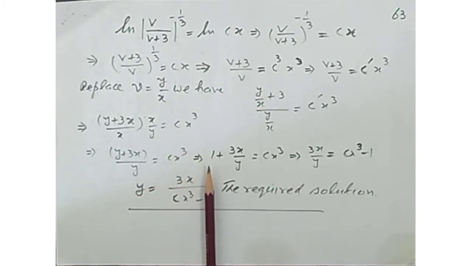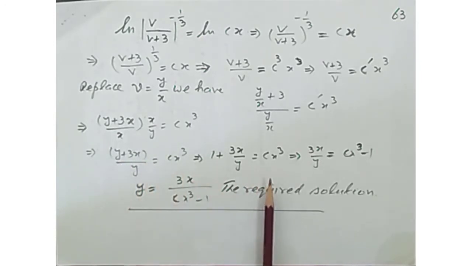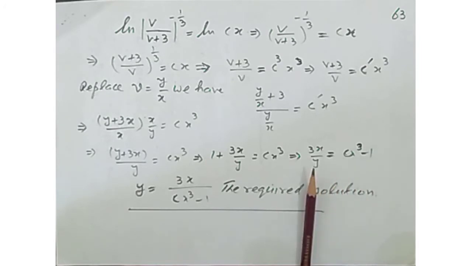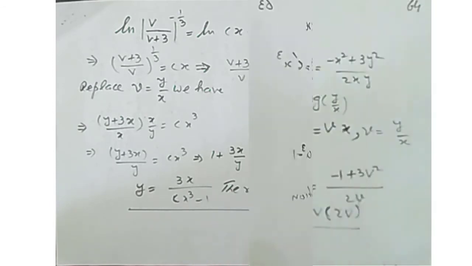This implies, dividing by y, y over y is 1 plus 3x over y equal to c x cube, and 3x over y equal to c x cube minus 1. The value of y will be 3x divided by (c x cube minus 1). This is the required solution.